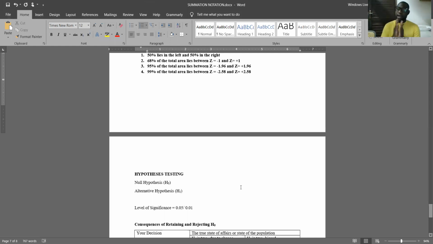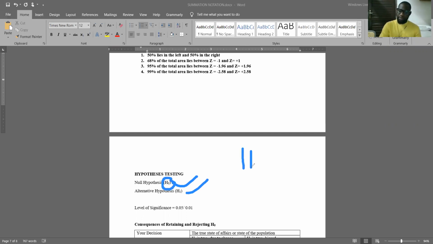And when it comes to hypothesis, we have two main forms: the null hypothesis and the alternative hypothesis. The null hypothesis is normally represented with this symbol H0, then the alternative hypothesis as H1.